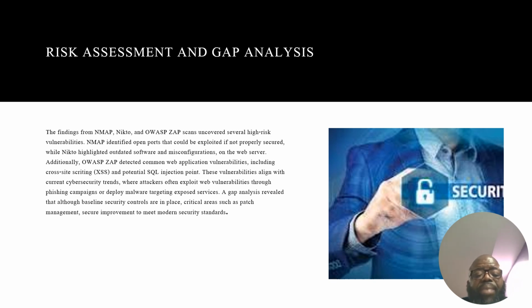Additionally, OWASP ZAP detected common web application vulnerabilities, including cross-site scripting and potential SQL injection points. These vulnerabilities align with current cybersecurity trends, where attackers often exploit web vulnerabilities through phishing campaigns or deploy malware targeting exposed services.